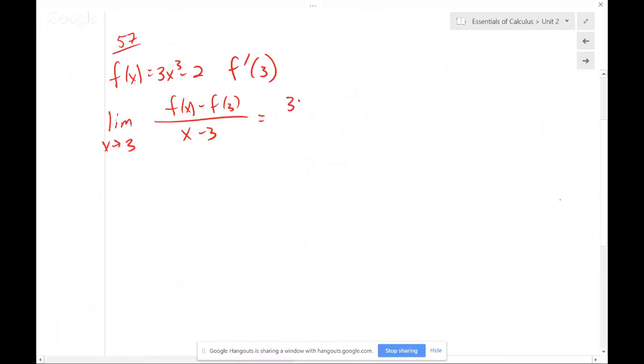So we're going to get 3x cubed minus 2 minus 3 times 3 cubed minus 2, all over x minus 3.